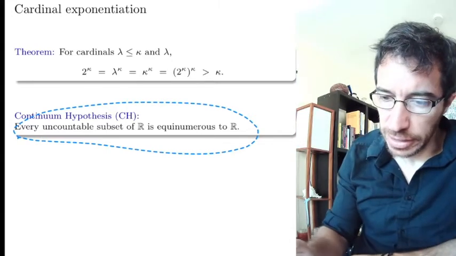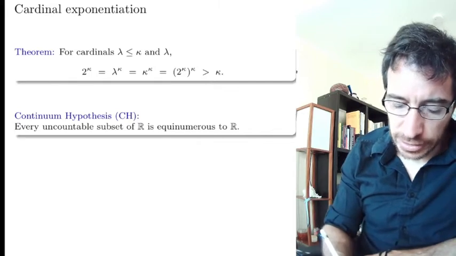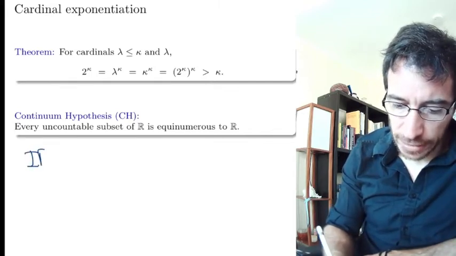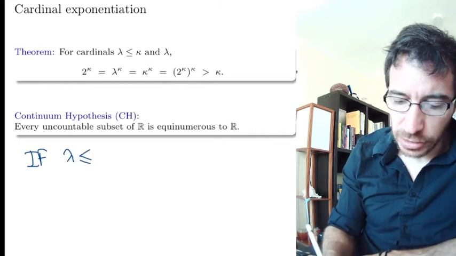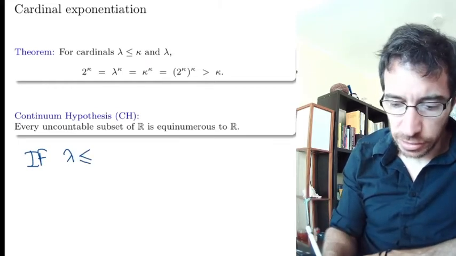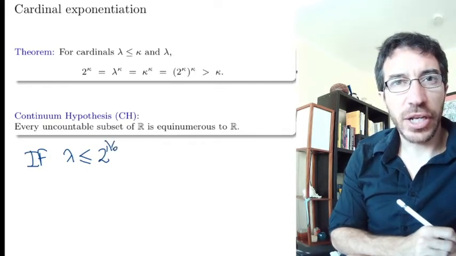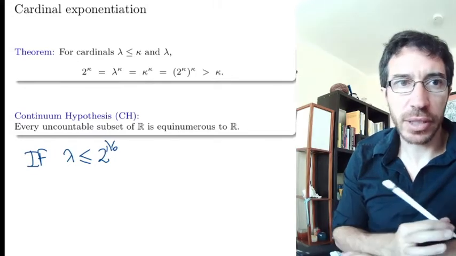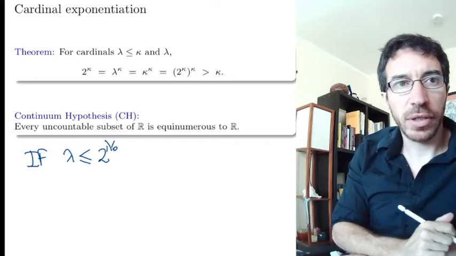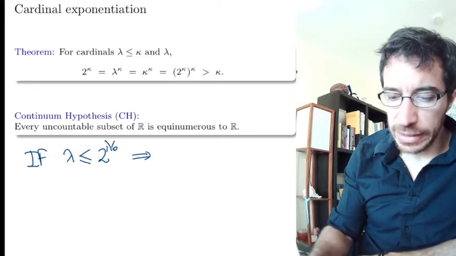So maybe let's write that down. In terms of cardinality, we are saying that if lambda is a cardinality that is less than or equal to the cardinality of the reals, 2 to the aleph naught, which is how we denote the cardinality of the reals, remember, aleph naught is the cardinality of omega, of the countable things, then we have three possibilities.